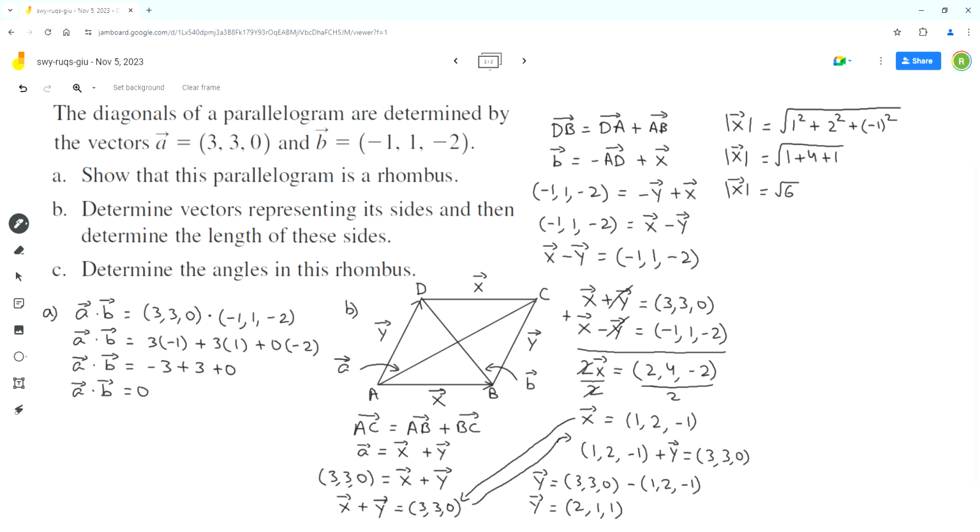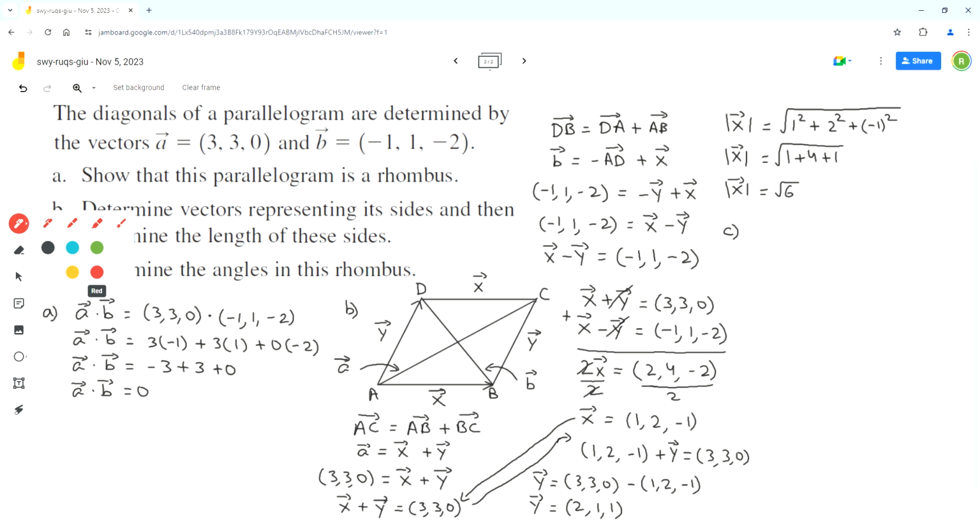So I got square root of 6. This is the length of all sides of this rhombus. So we are done with part B. Now let's analyze part C. Determine the angles in this rhombus.